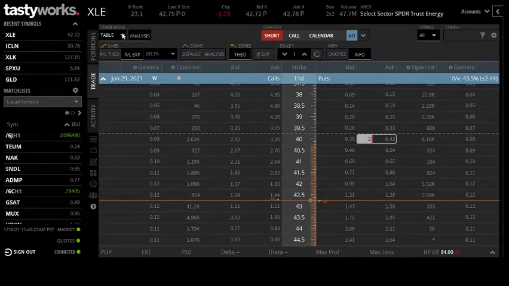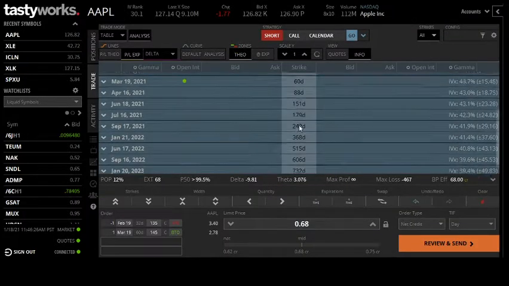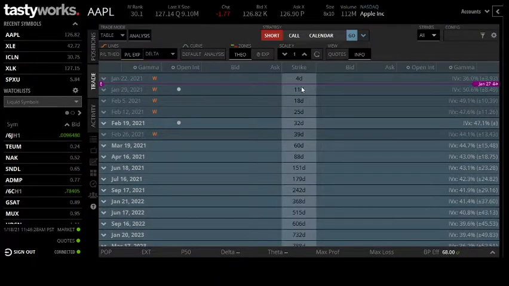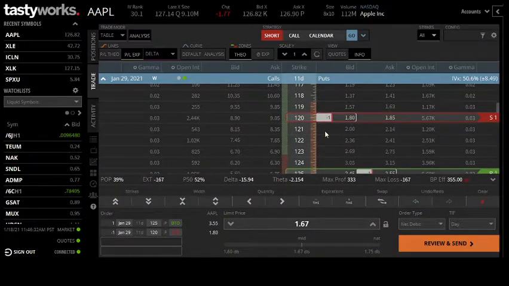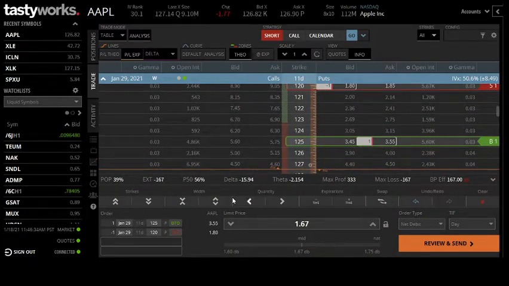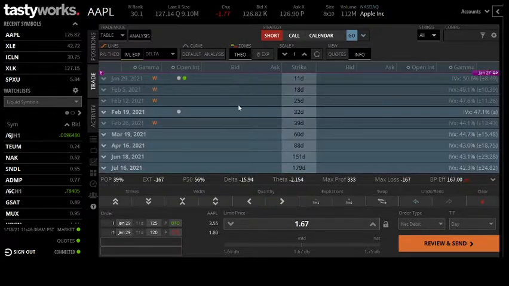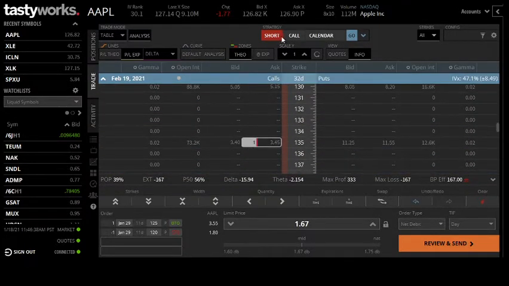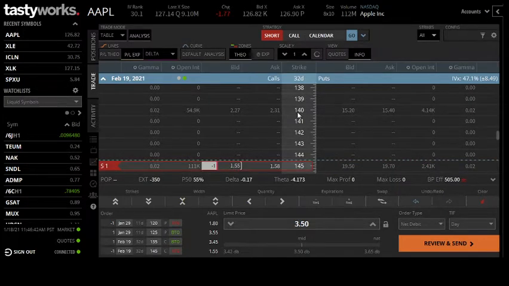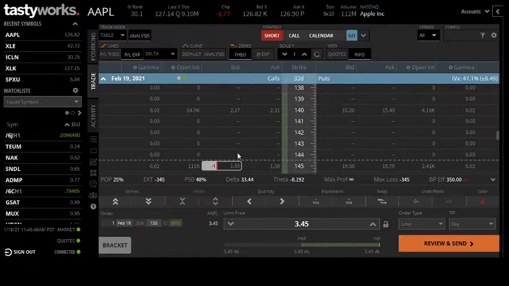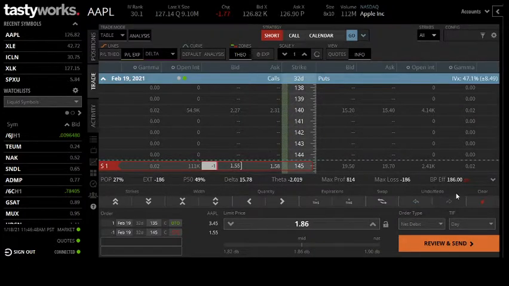And so that's another thing you guys can do. Like I did that with Apple too. And I'm not going to call all this because it's too hard sometimes. I grabbed a small debit spread on Apple, 15 delta, to hedge my call debit spread that's got a 15 delta.